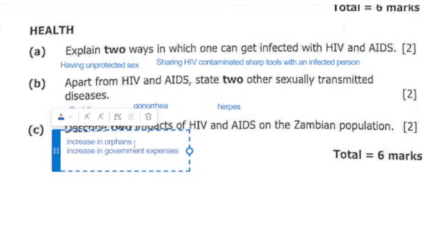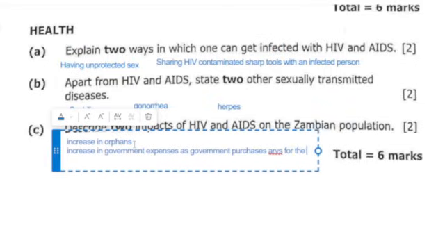That is now purchasing. So I can say government purchases ARVs for the public.